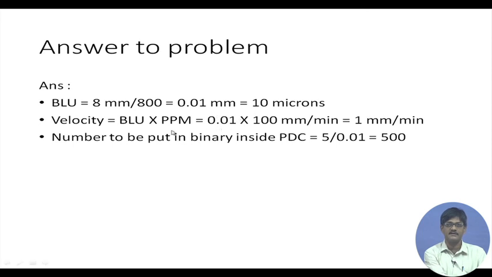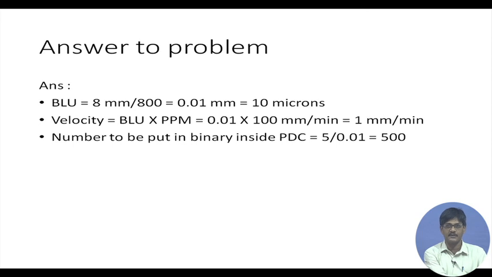What is the velocity? Velocity is easy to calculate. Once you have got the basic length unit, it is simply equal to basic length unit into pulses per minute. So, these many pulses per minute will produce these many basic length units per minute, and together this will be 0.01 into 100 millimeters per minute.